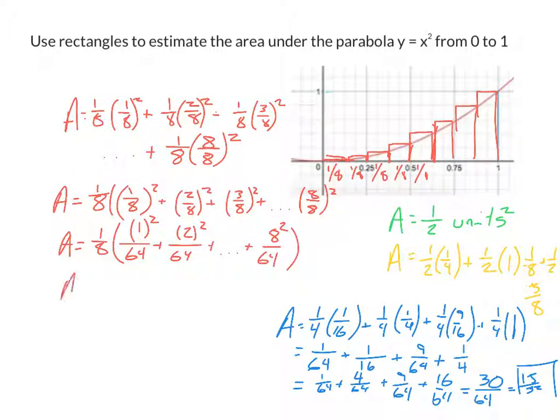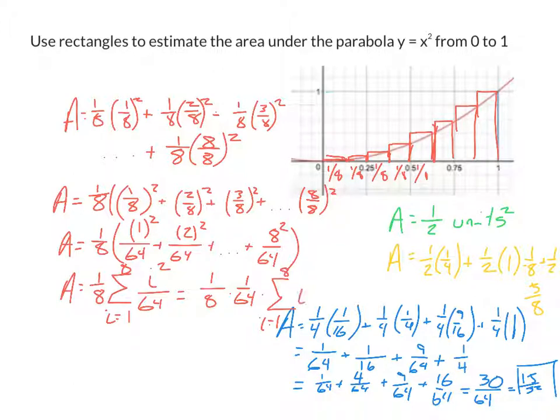Or rather, again, 1/8, and then I'll use my sigma notation from i equals 1 up until 8 of i squared over 64. And so this results in 1/8 times 1/64 times our sum from i equals 1 to 8 of i squared.